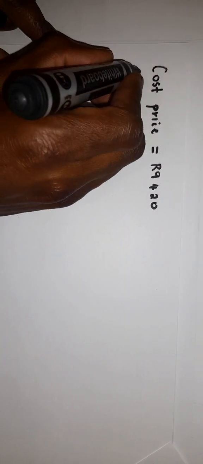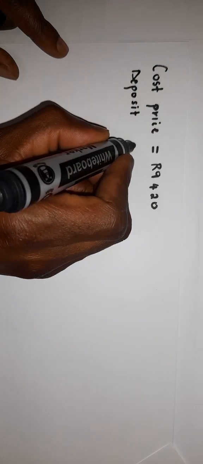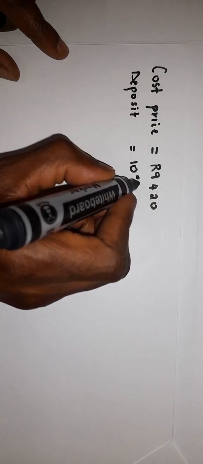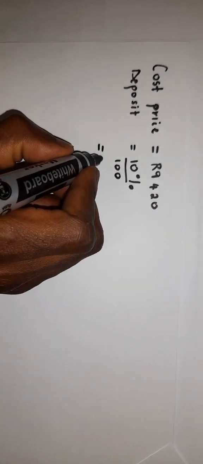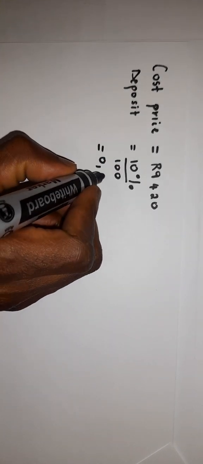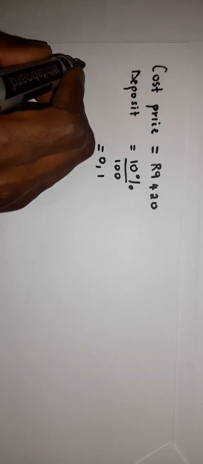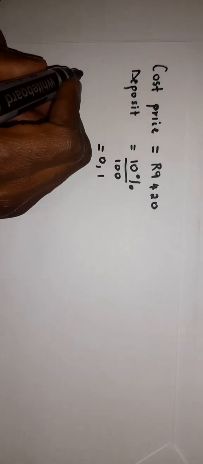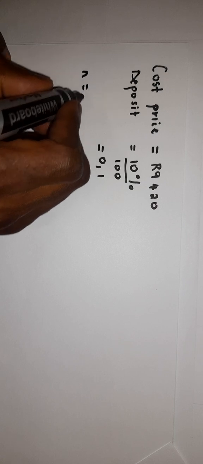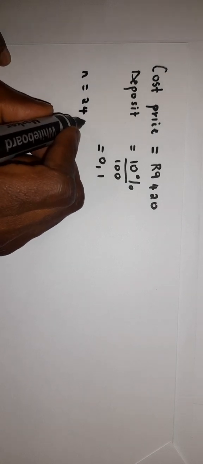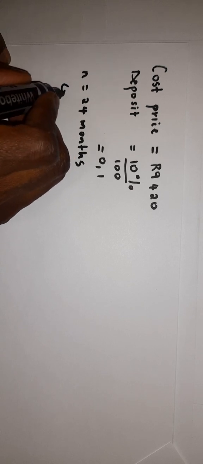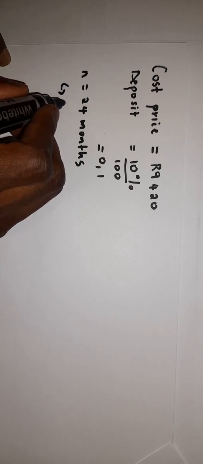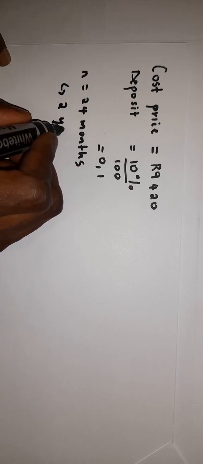We have a deposit which is given to us as a percentage, which is 10%, and you know that 10%, you take 10% and divide it by 100, which gives us 0.1. Furthermore, we have the period, it is for 24 months, then equivalently 24 months is the same as 2 years.